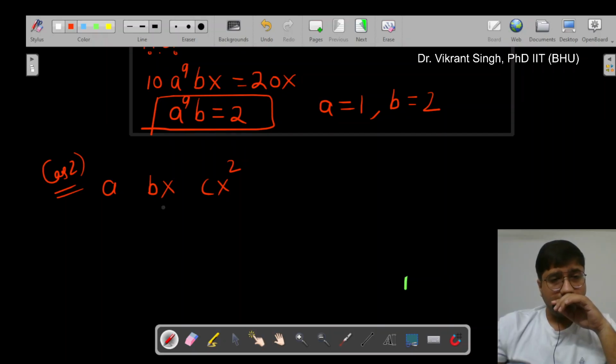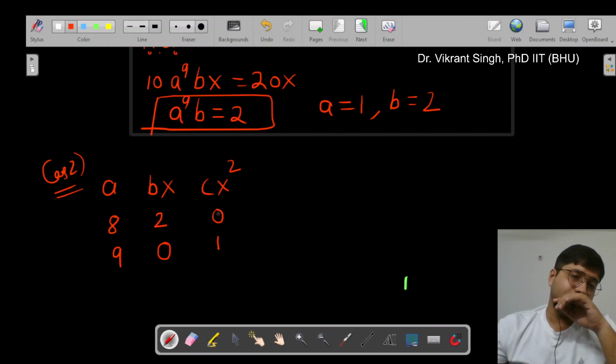Suppose we give 2 power here, then we have to give 8 power to a and 0 to the c term. Another possible case is, if we give 1 power here, then we give 0 here and 9 here. So two possible cases are there for the x square coefficient.